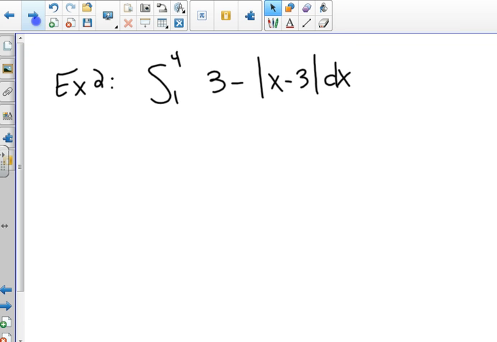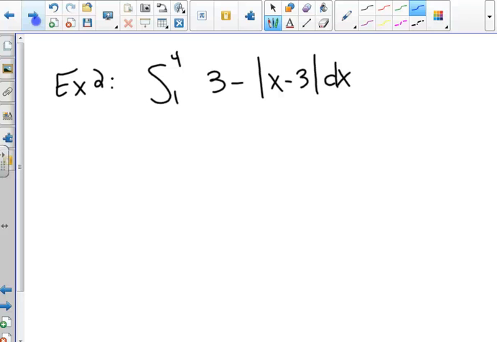So here's the next one, a little bit more complicated here, definitely because we have the minus sign. The first thing we want to do is figure out where your f of x is going to be 0. Where's the absolute value going to be 0? 3, good.